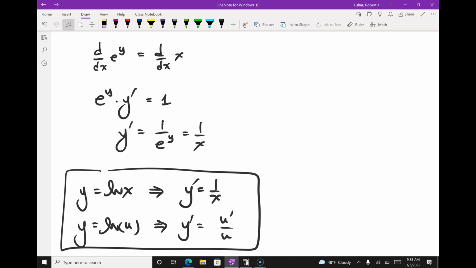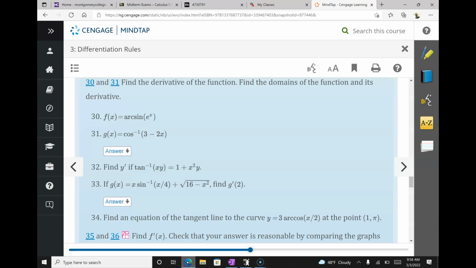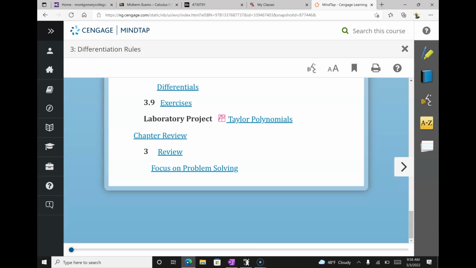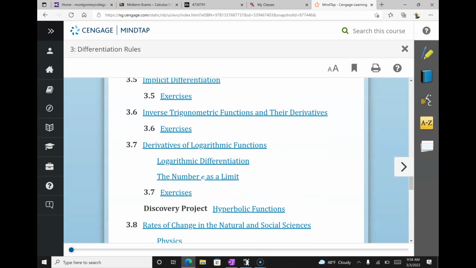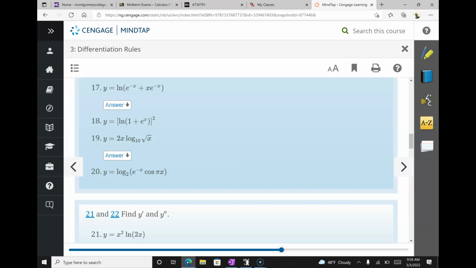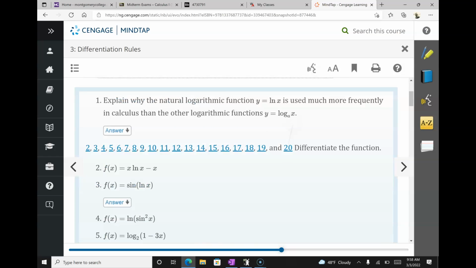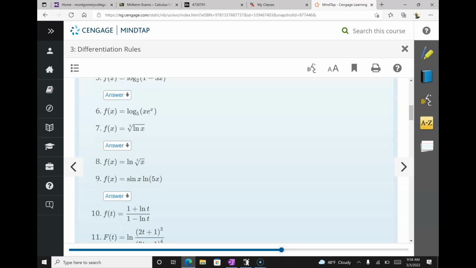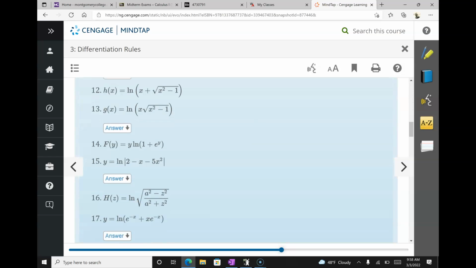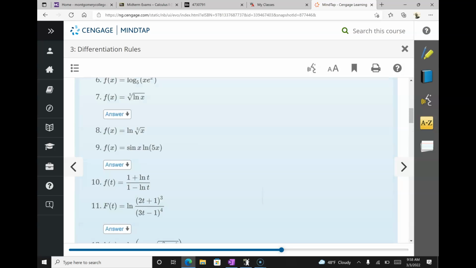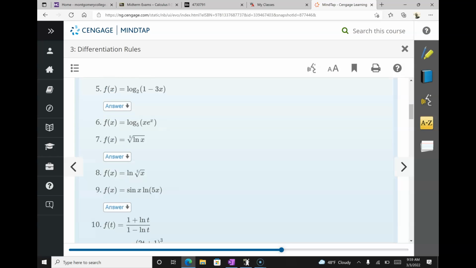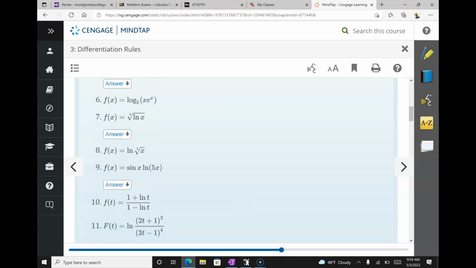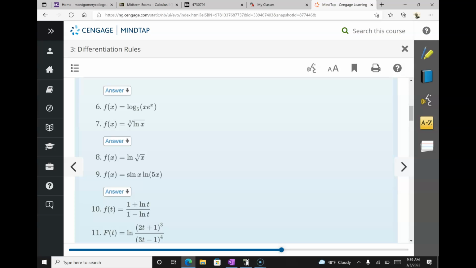All right, let's do a couple problems. So section 3.7. So look at number 6, log base 5, right?